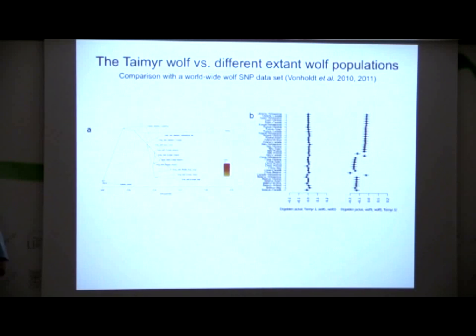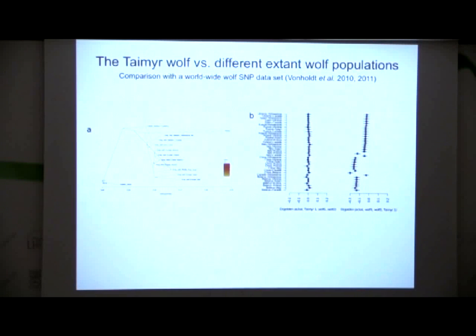Okay, I'm going to briefly leave the dog business and mention one other result in this paper. We also did exactly the same kind of test, the D-statistic test, using the Taimyr wolf against all modern day wolves. We didn't have very many genomes because at that time there weren't any published.